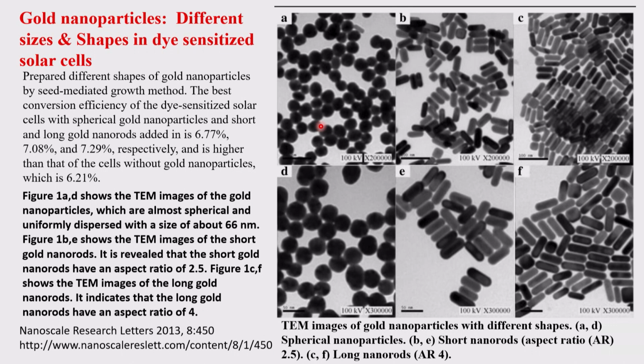So not only these 3 shapes which are shown, or 2 shapes which are shown here, there are many more, which I will show in another example as well. You can see, talk about the purity of this. Of course, these are the rods, but in between you can see some small spherical shape. So getting 100% of complete purity is also very difficult. So you can see a lot of the rods which are small, and the spherical ones as well.